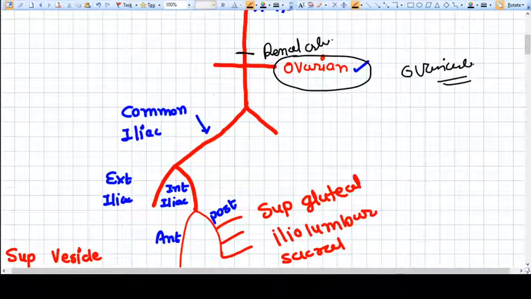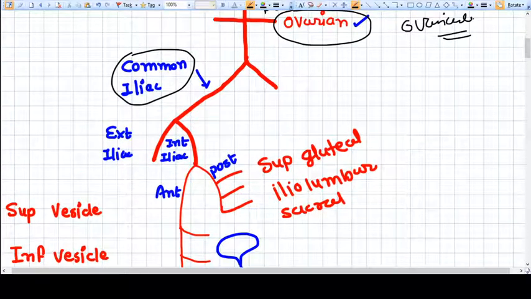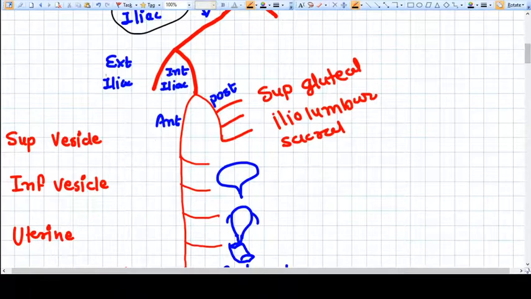Then the aorta divides into two parts: common iliac arteries on the right side and on the left side. This common iliac artery is further divided into external iliac and internal iliac.